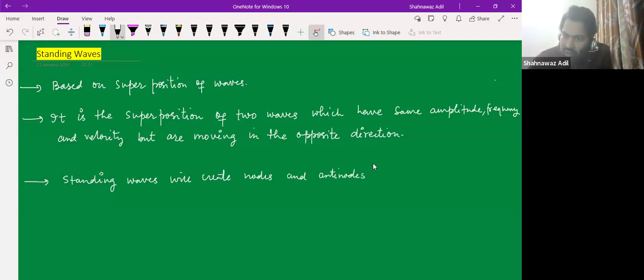And so this is generally represented by A and this is represented by right.